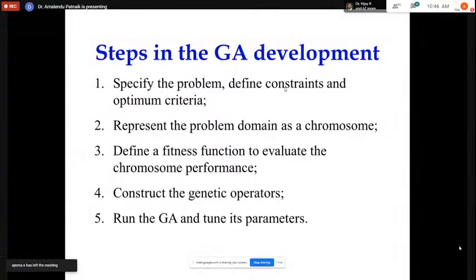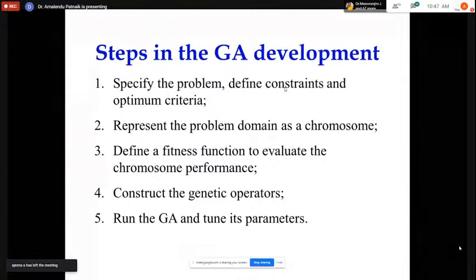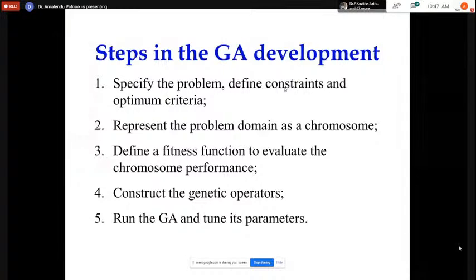Suppose again, let us see the same problem of finding FR, the resonant frequency. In every iteration of this meta-heuristic, you are going to get a particular value of FR.